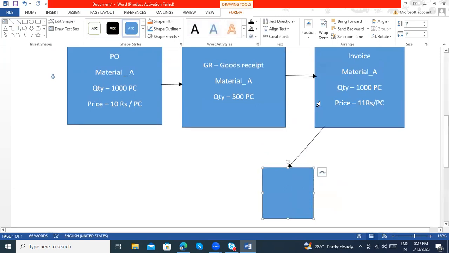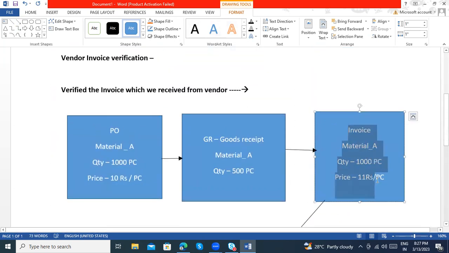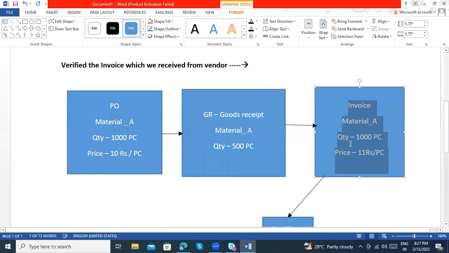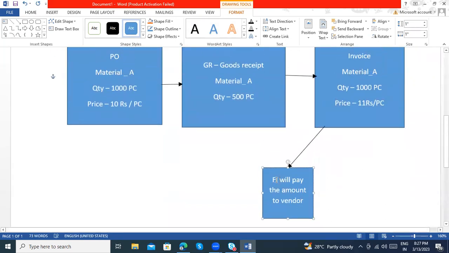So the finance team will pay the amount to the vendor when you have accepted the invoice. You completed the verification and confirmed that the vendor invoice is correct, so please proceed for the payment. Then the FI team will be doing the payment.